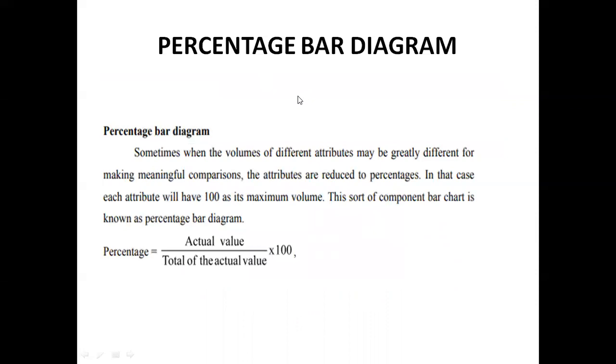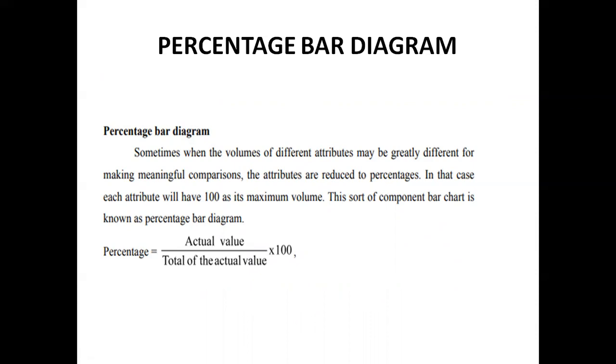In another way, simple bar diagrams can also be presented. They can be converted into percentages. In such a way also we can show. Sometimes it is to be converted into percentage when we want to compare. So when we want to compare, in such cases, or specifically if it is asked in the problem, then only prepare the percentage bar diagram.